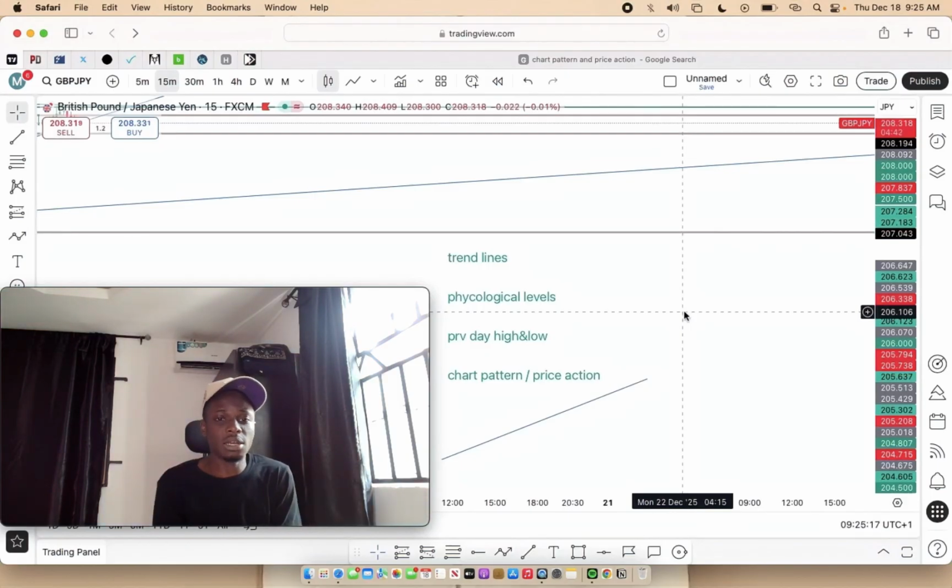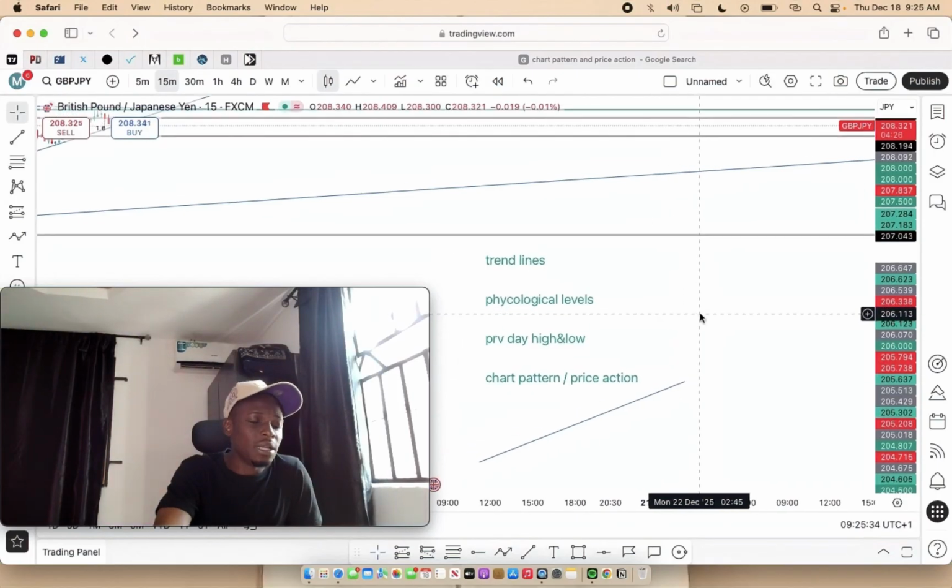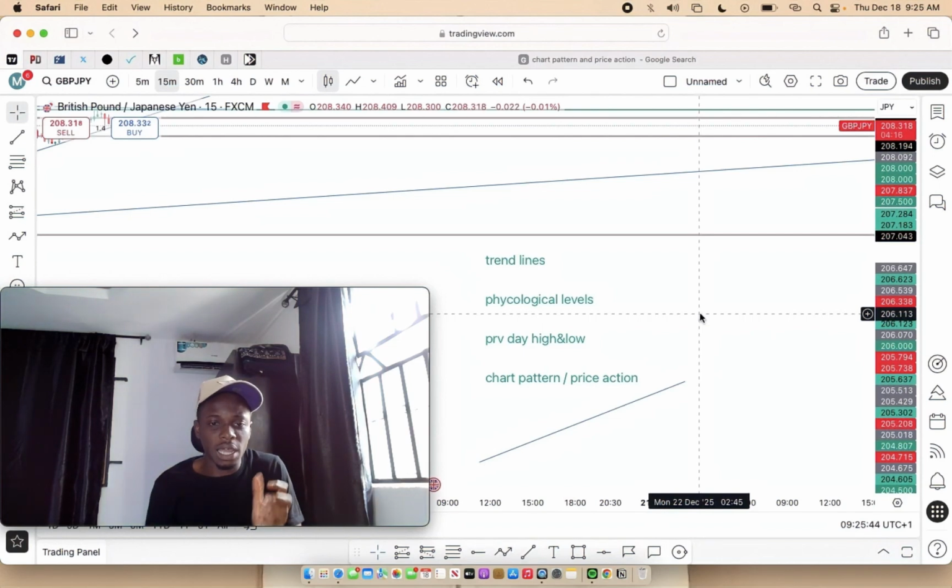So previous highs and lows, the simplest way I put it, are a hotspot for liquidity. It's a very, very important confluence on my list. My daily decision depends on the reaction that happens at the previous day's high or low.